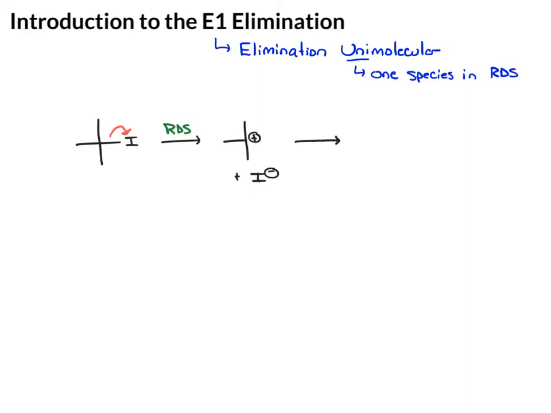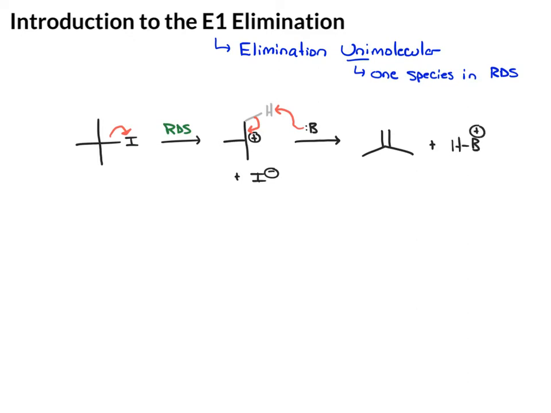And this is where we use something as a base, whatever reagent might be present that has a lone pair, and then find a proton next to the carbocation. The base will grab that proton. Those electrons will then come down to form a pi bond. So we get our alkene plus our protonated base.